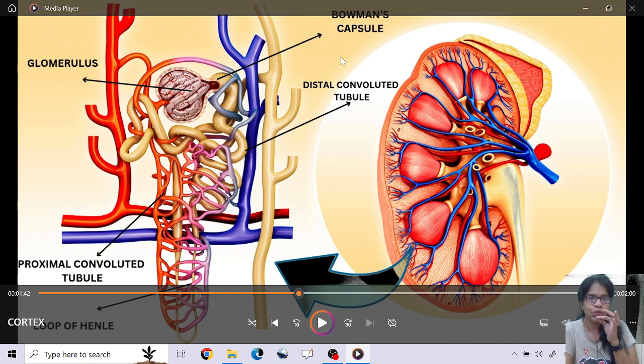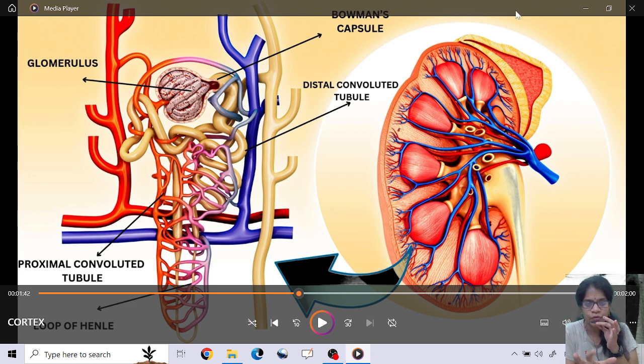I told you this tubule that is coming out of this particular Bowman's capsule is divided into the proximal tubule, which is at the cortex part of your kidney, and the loop of Henle, which is situated in the medulla part of your kidney, and again it comes out through the distal convoluted tubule. This final distal convoluted tubule would release the urine, finally entering into your pelvis. This is how each and every nephron is connected.